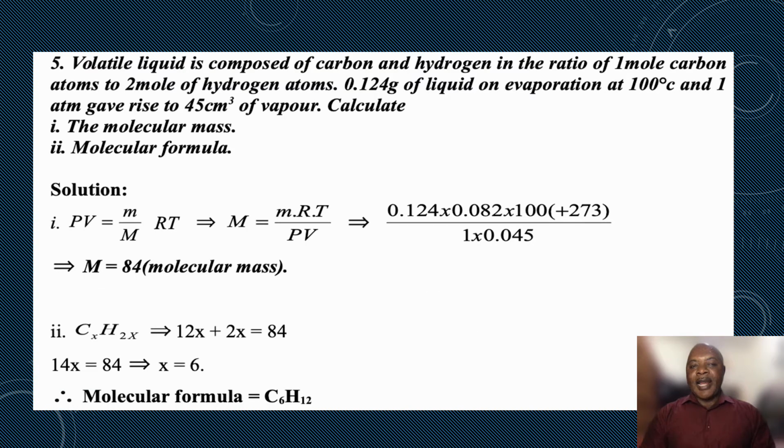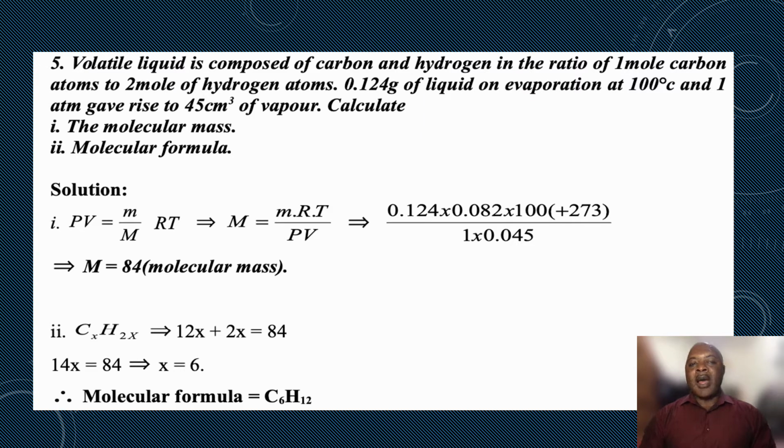A volatile liquid is composed of carbon and hydrogen in the ratio of 1 mole of carbon to 2 moles of hydrogen. That is 1:2. 0.124 gram of the liquid on evaporation at 100 degrees Celsius and 1 atmosphere gave rise to 45 cm3 of vapor.